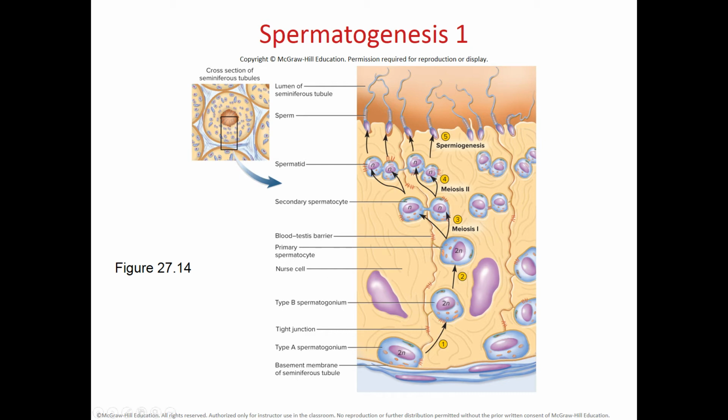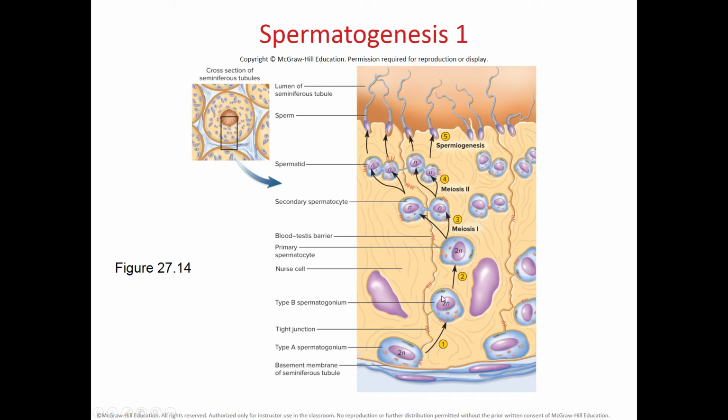spermatogenesis. So you have the spermatogonia with 2N or duplicated chromosomes that will migrate from the basement membrane of the seminiferous tubule up towards the lumen, forming type 2 spermatogonium. So type 1 will be the original spermatogonium, and then it will be converted into type B spermatogonium, another type of spermatogonium.